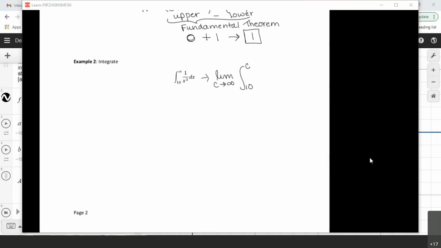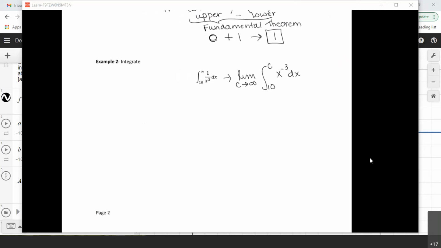And then I'm going to rewrite 1 over x cubed as x to the minus 3 dx. Everybody okay with the rewrite? Anybody have questions on why I rewrote it the way I did? All right, so now I'm going to evaluate the proper integral.